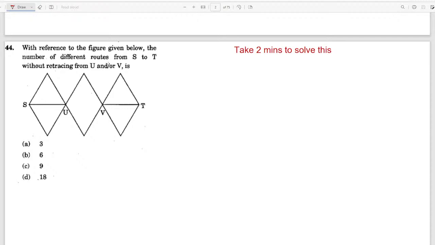Please post your answers. There is one response for option D and 2 people have got option B, that is 6 and 18. Others who are solving it, please post your answers.